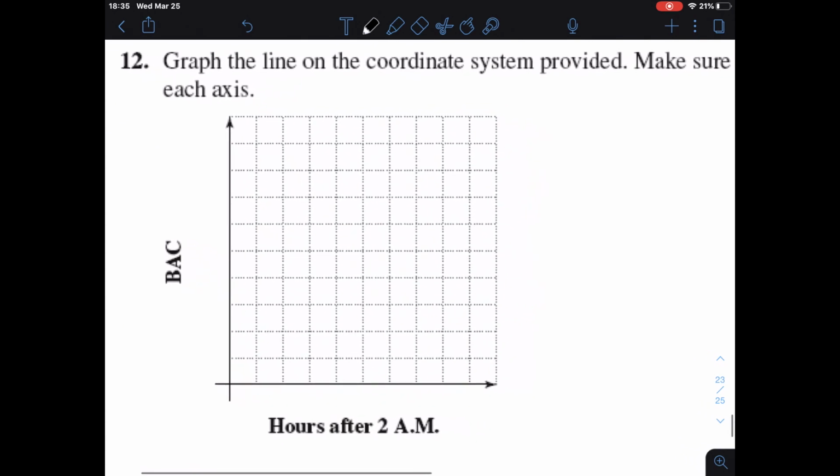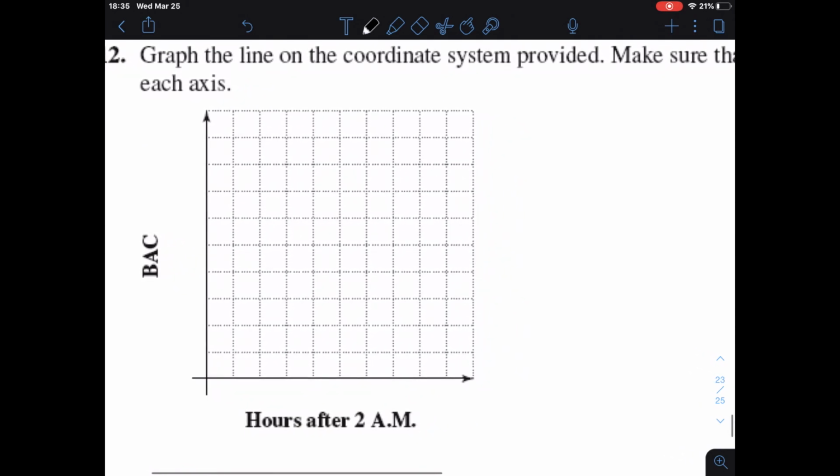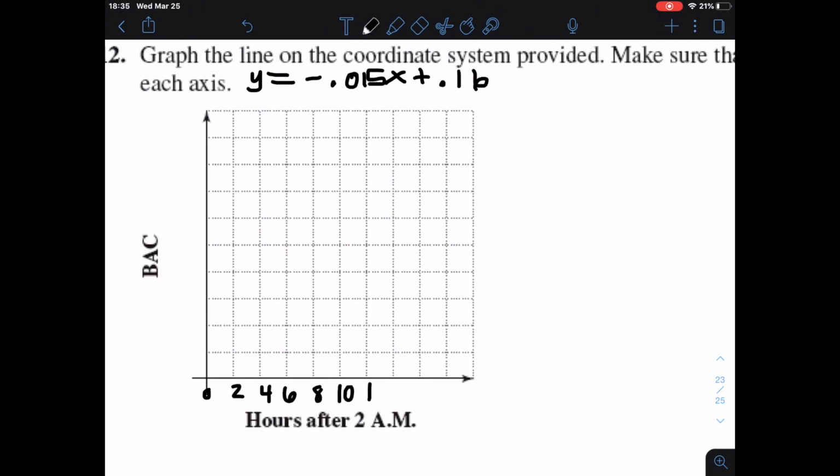We've got the hours after 2 a.m. and his blood alcohol. So remember, our y is equal to negative 0.015x plus 0.16. So I'm going to go by 2 hours for each of these. Let's do 2, 4, 6, 8, 10, 12, 14, 16, 18, and 20.